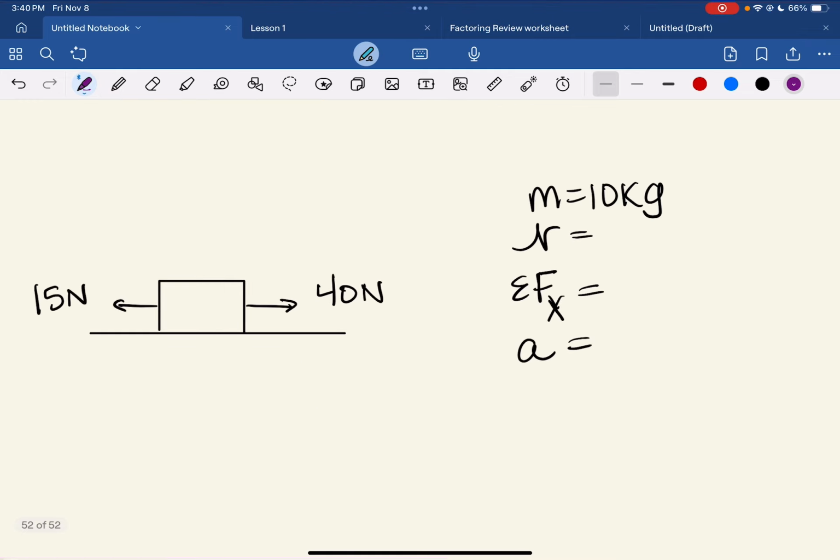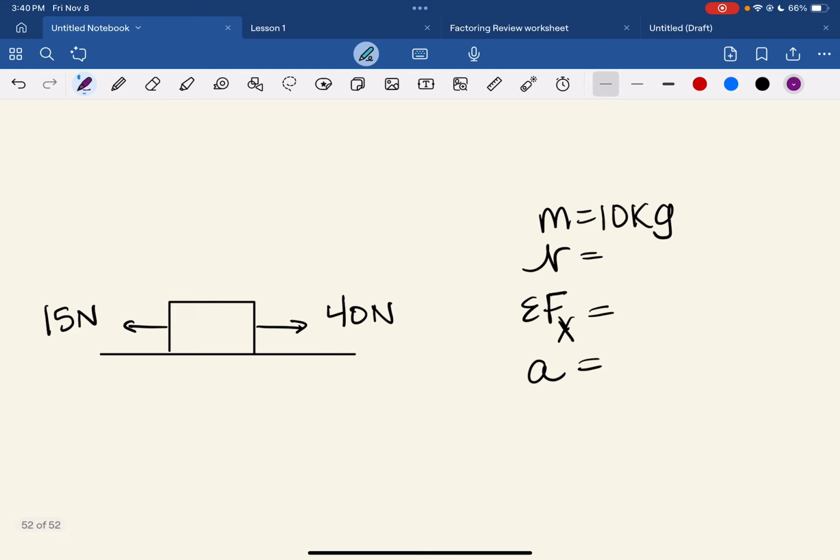In this one, again, I don't have a mu here, so I'm assuming there's no friction. Let's draw our forces. We have mg going down this way, which that's going to be 10 kilograms times 10 meters per second squared, which is 100 newtons. So that means if this is in equilibrium, right, sum of my forces in the y is going to equal 0, then this is also 100 newtons, which is my normal force.